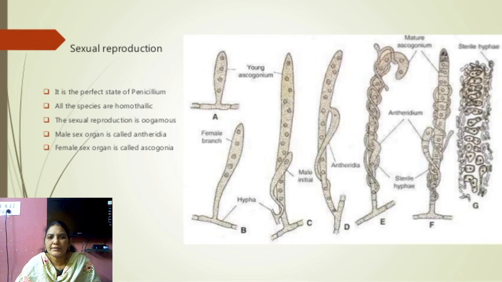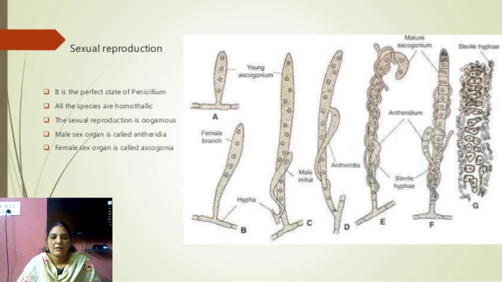The mycelium has so many nuclei, and it is a long, elongated structure. Then the mycelium produces the male sex organ, which has only one nucleus.